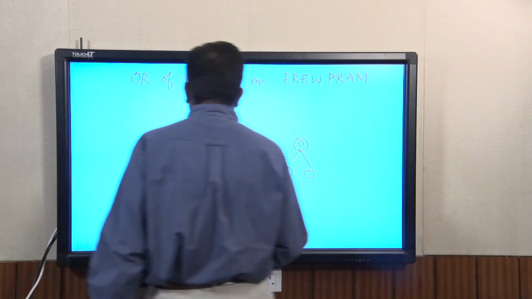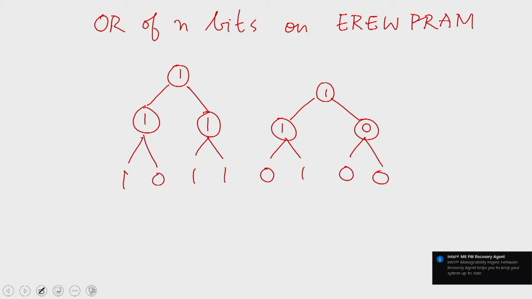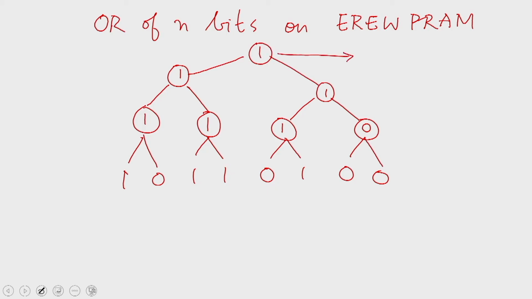So, the problem size has been reduced by a factor of 2, and then we recurse. The OR of these 2 bits is 1 and the OR of these 2 bits is 1 again. Now, we have reduced the array size to 2 and the OR of these 2 bits is 1 again, which happens to be the answer.